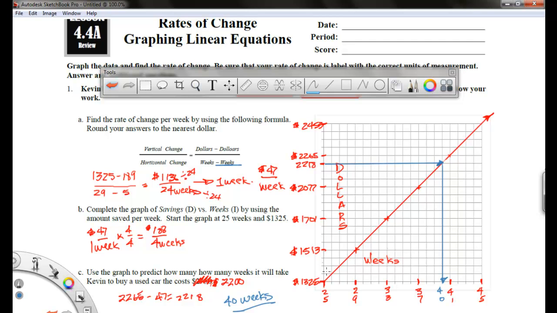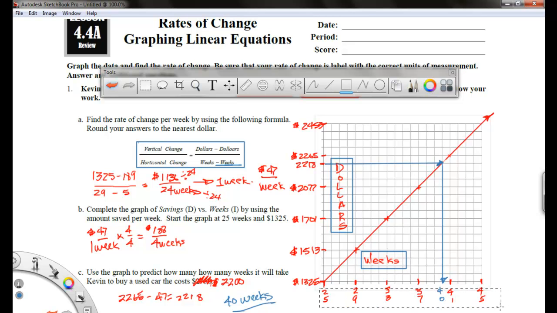So some key points that you need to remember how to do is how to use this formula right here. Make sure you know how to use the formula. Make sure that you label your graph correctly as far as the independent and dependent variable. Make sure that you do your units correctly, and remember you can do them any way you want, but it has to be based upon what you come out with right here.